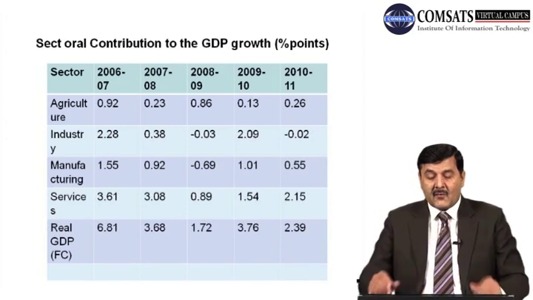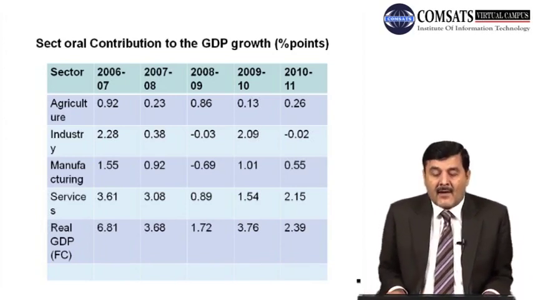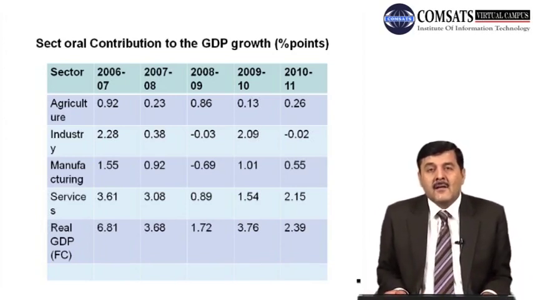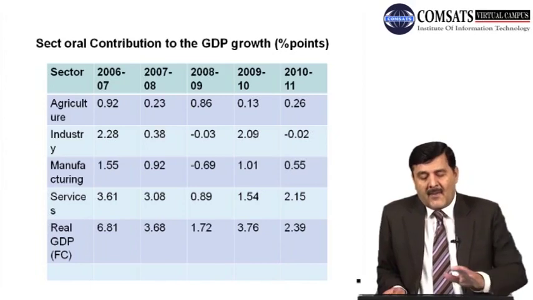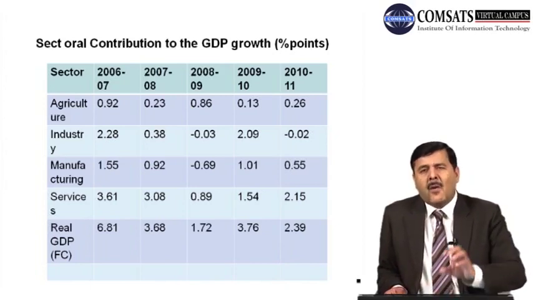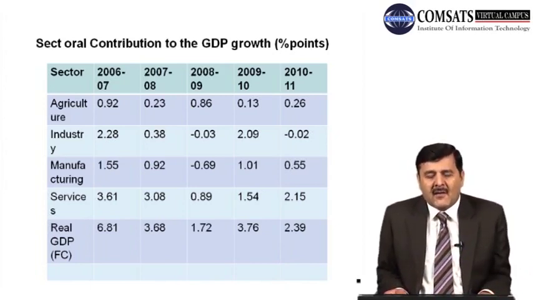So you can see that this was one of the worst years as far as the contribution of different sectors of Pakistan economy is concerned in GDP. अगर आप देखें कि मुख्तलिफ सेक्टर्स की बहुत लो लेवल की कंट्रीब्यूशन है GDP में, and if you look at the overall growth of GDP in this year, it was only 1.72%.